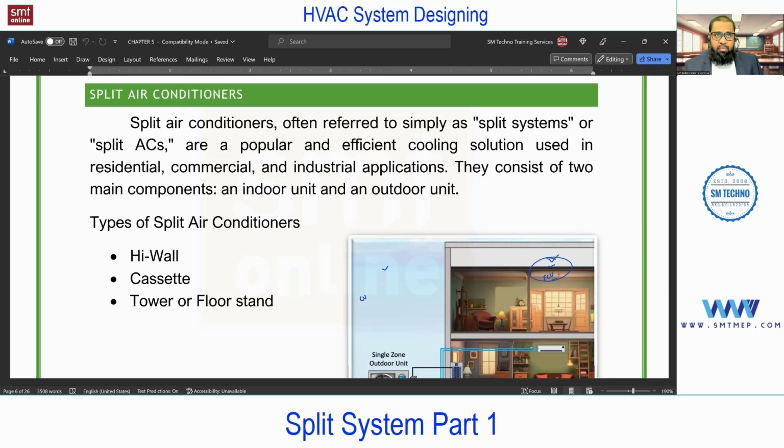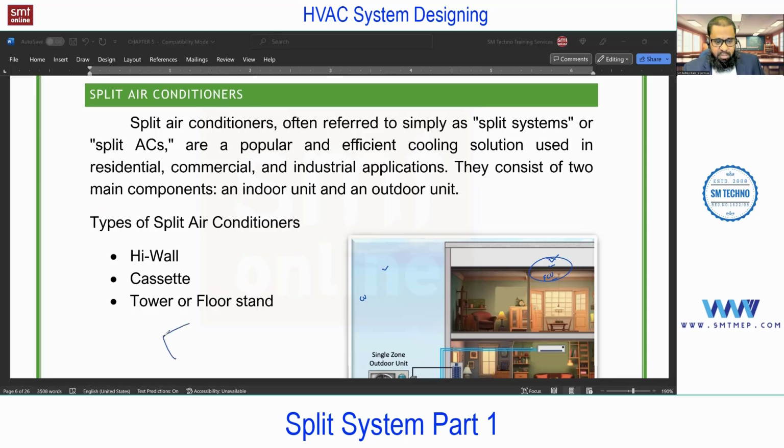And here I request you to make a note of this point. Please make a note: zone refers to thermostat. I will discuss in detail, but I'll give you a quick idea of the zone, because repeatedly I'll use this term zone. That's the reason you must be aware of this.